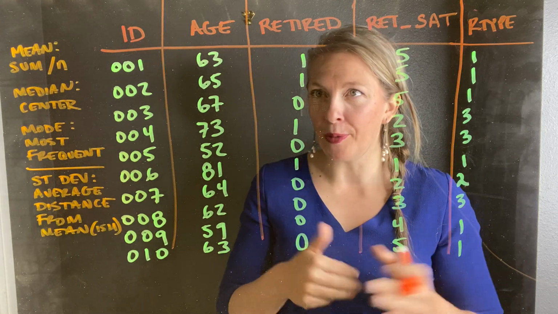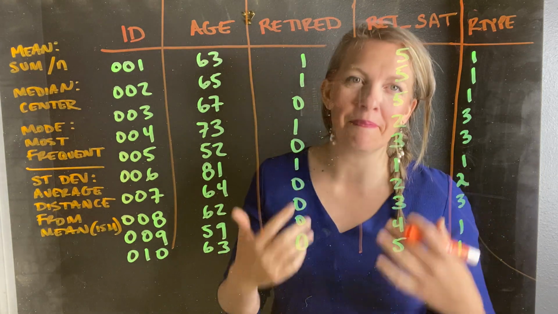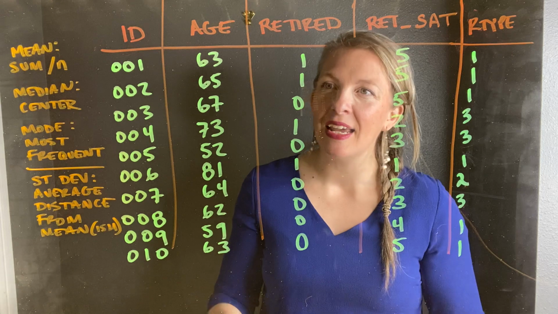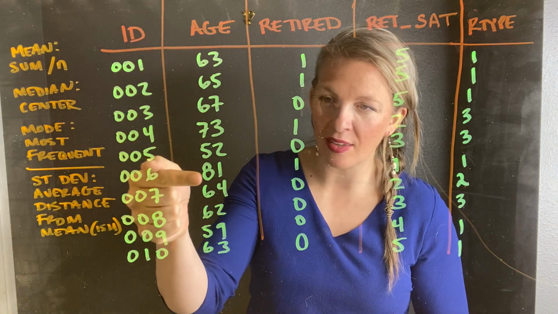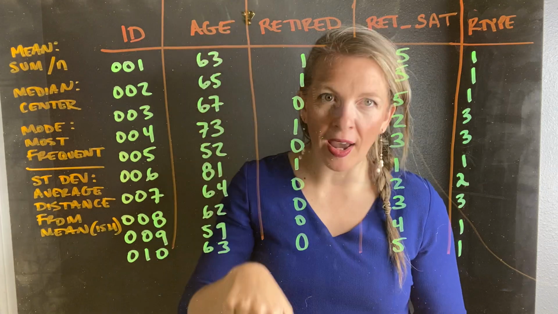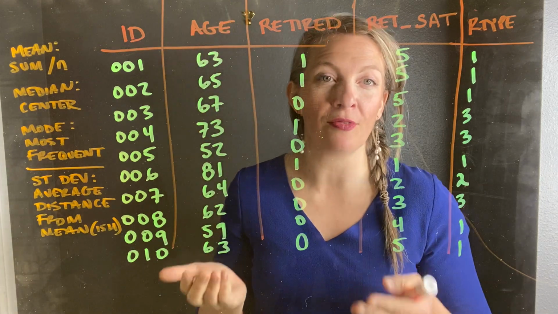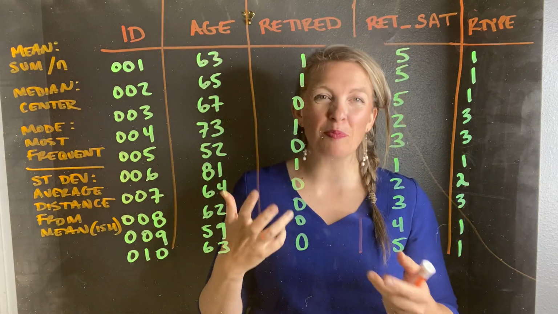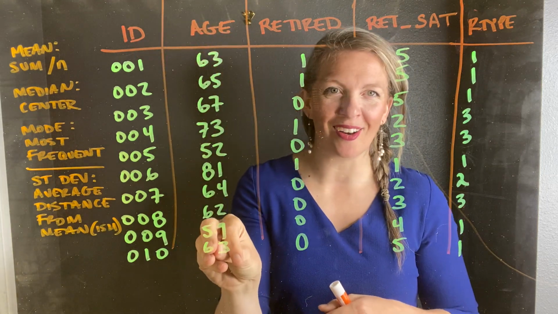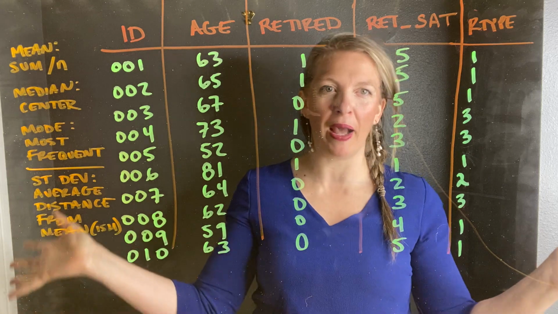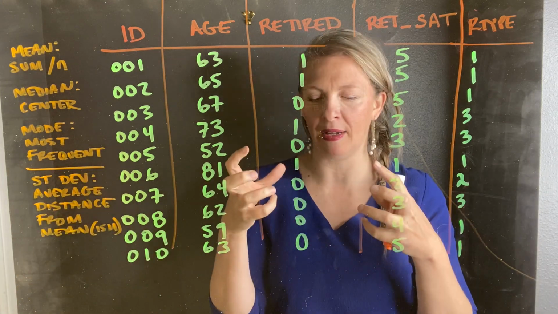So for example, we might calculate the mean. The mean is where you add up all of the values in the variable and then you divide by the total number of values that there were. So this is more or less like taking all of the years that people in our data set had lived and piling them all up into one big pile.